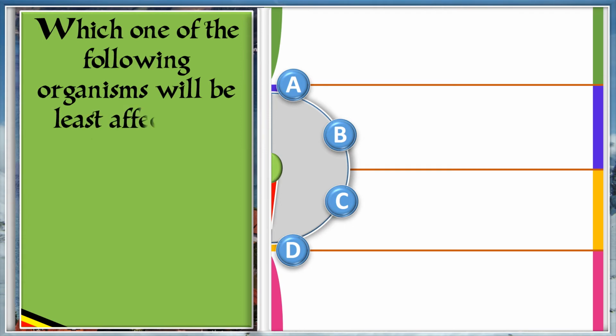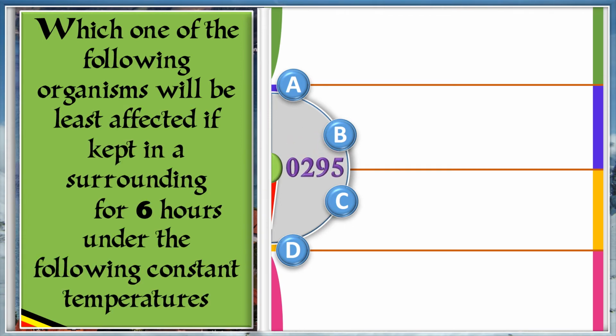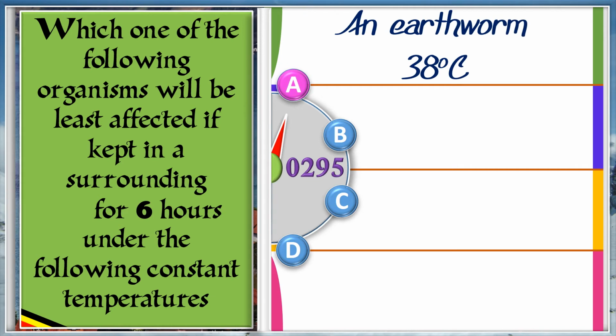Which one of the following organisms will be least affected if kept in a surrounding for 6 hours under the following constant temperatures? A, the earthworm 38 degrees Celsius. B, a rat 4 degrees Celsius.